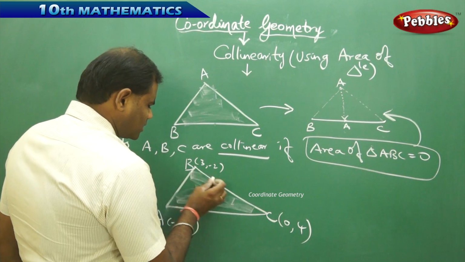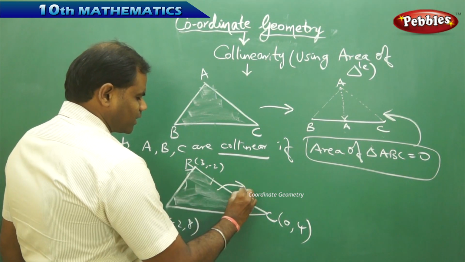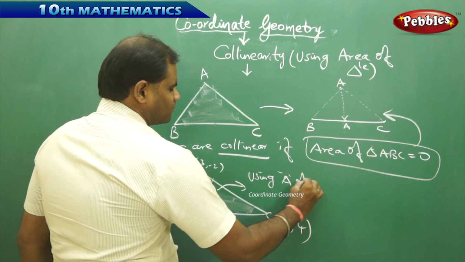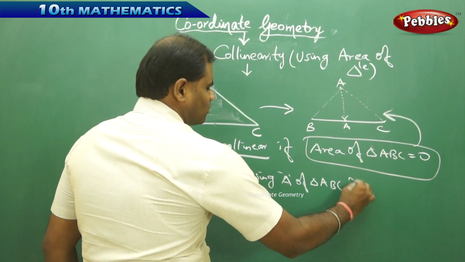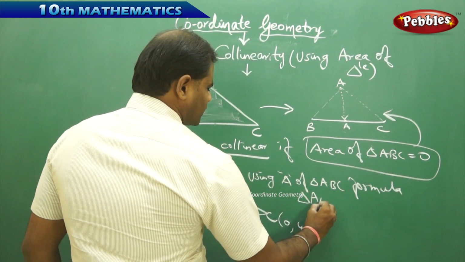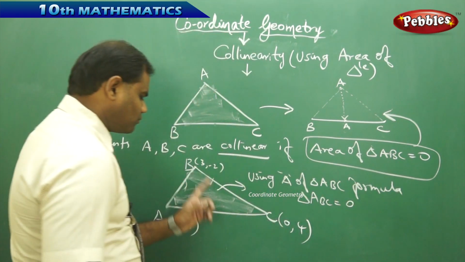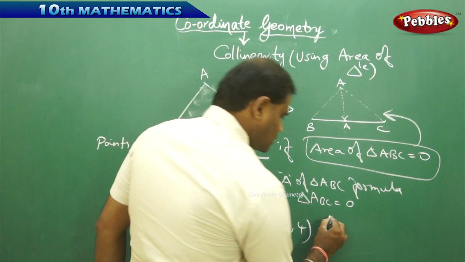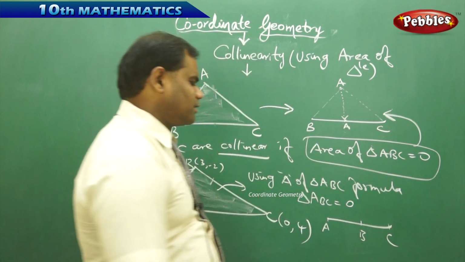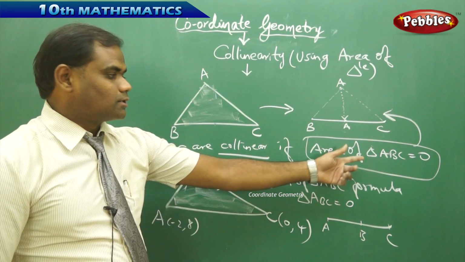So using the area of triangle ABC formula, I can prove that the area of triangle ABC is 0, therefore the 3 points are collinear. That is how I can identify this problem as connected to collinearity.